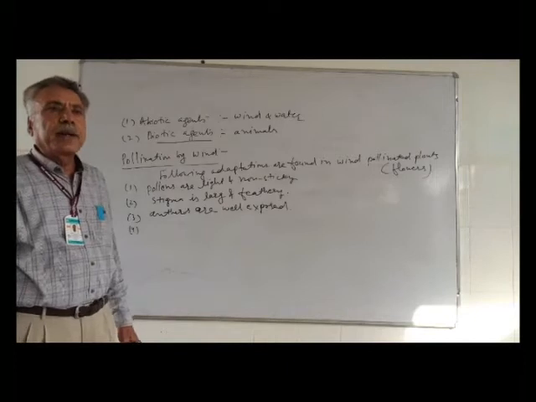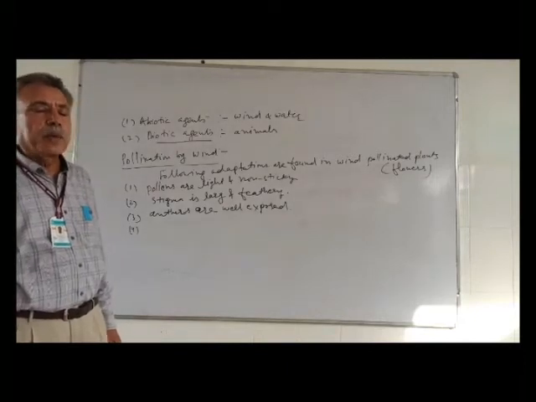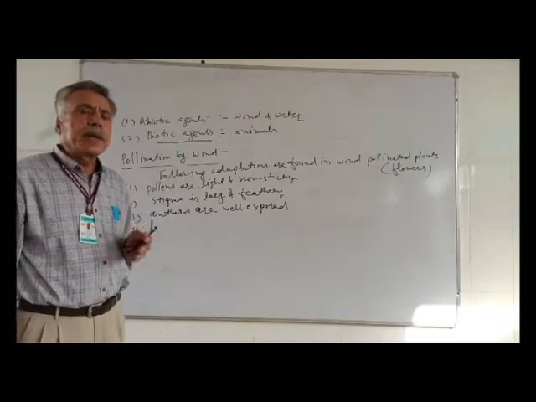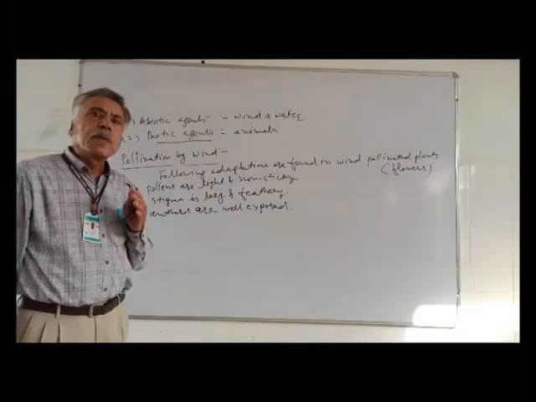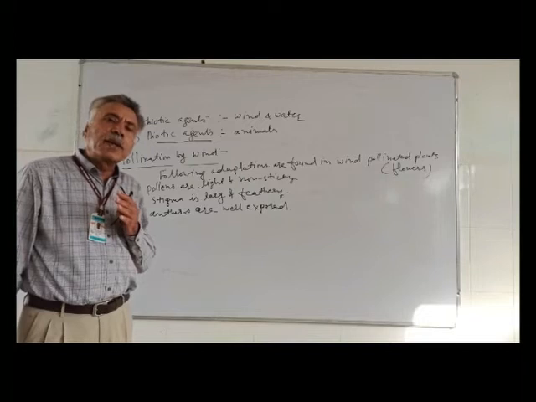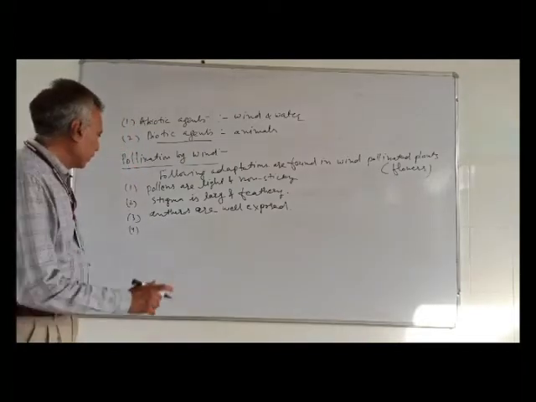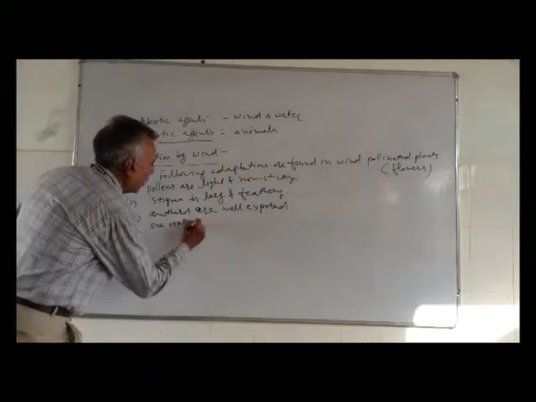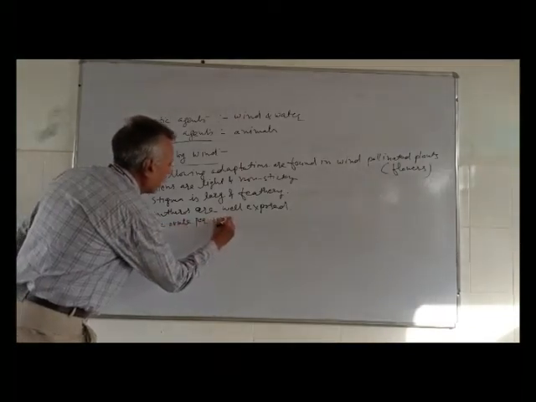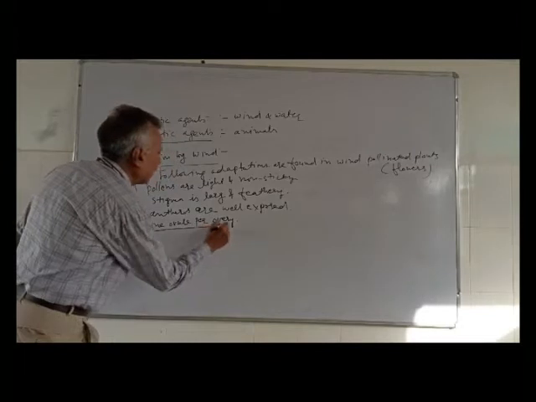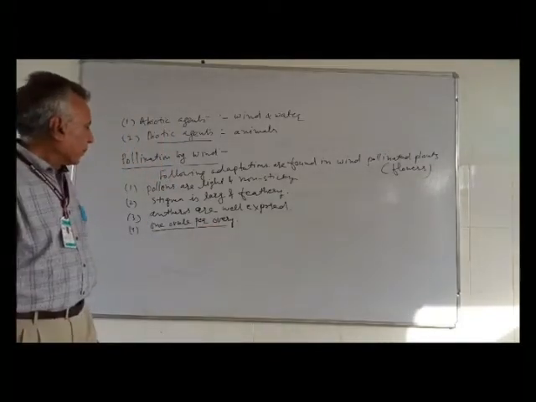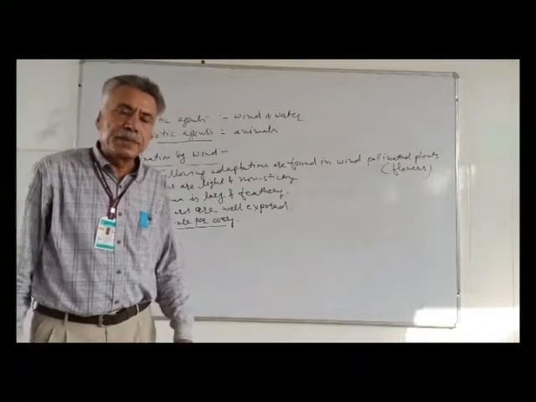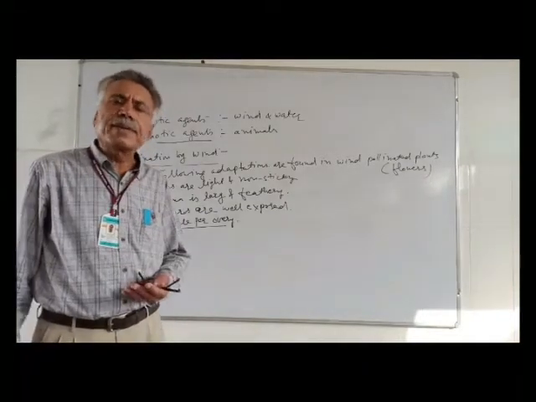One very important adaptation in wind pollinated plants: the ovary contains only one ovule. These plants produce only one ovule per ovary. Why? The answer is very easy.